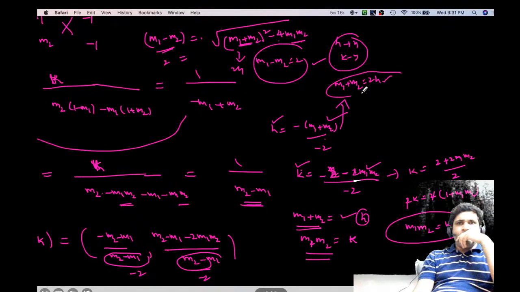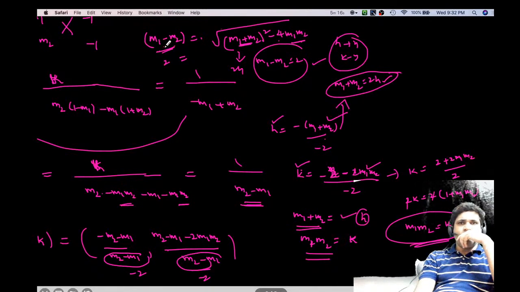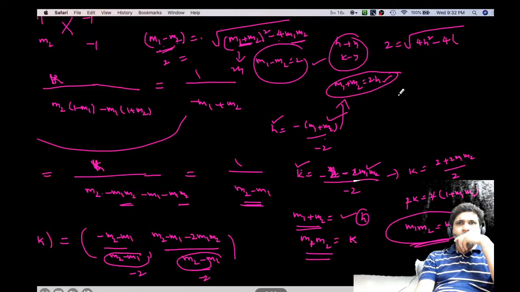So m1 plus m2 is 2h, m1 m2 is equal to k minus 1, and m1 minus m2 is already given in the question as 2. Therefore here 2 is equal to, you will get like this, m1 plus m2 is 2h, that is 4h square minus 4 times m1 m2, which is k minus 1.